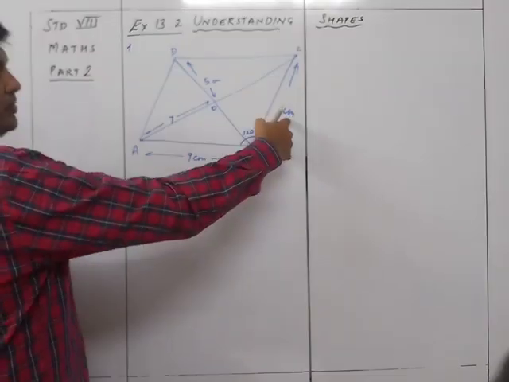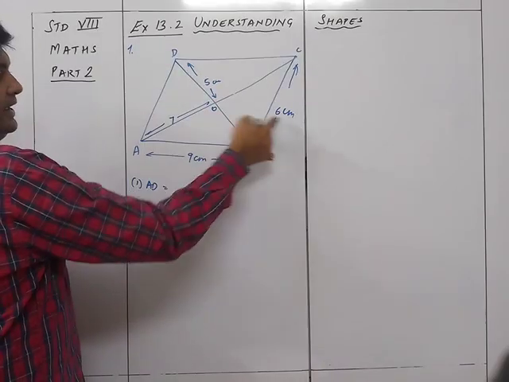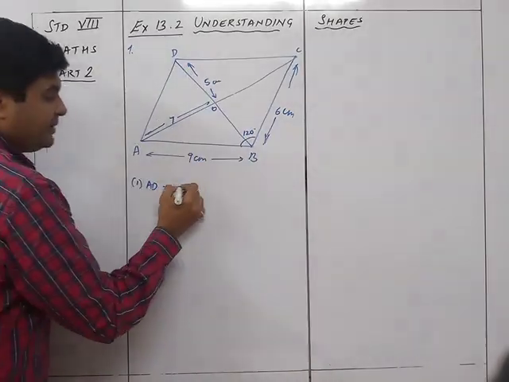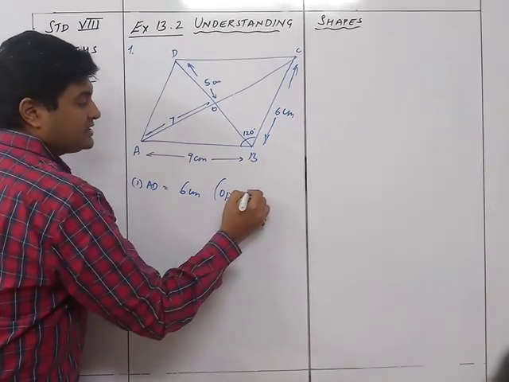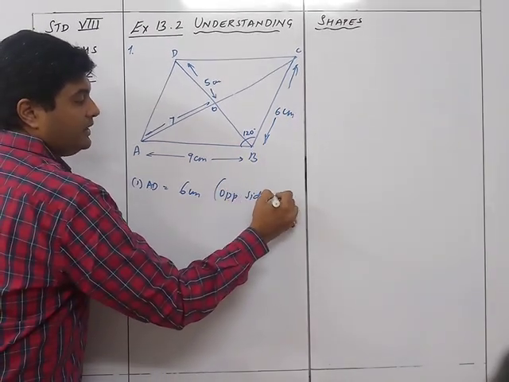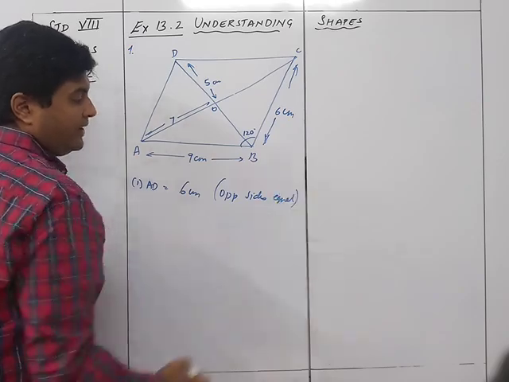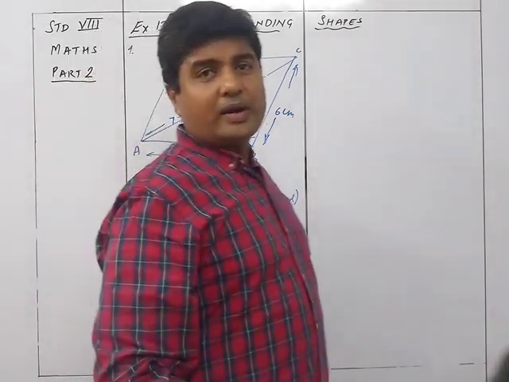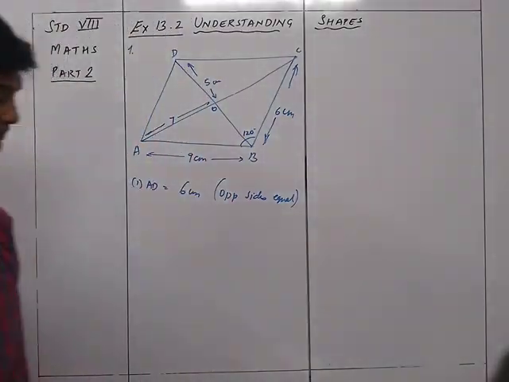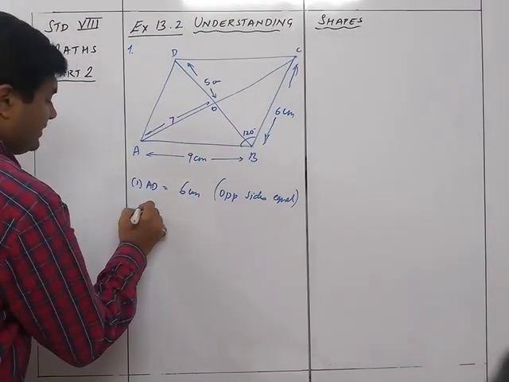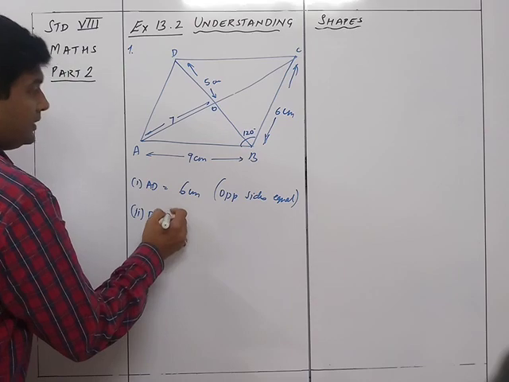AD, you know that it will be 6 centimeters because AD and the opposite side are equal. The reason will be opposite sides equal. You can write it in full that opposite sides of a parallelogram are equal. That's why AD will be equal to 6 centimeters. The second is DC.